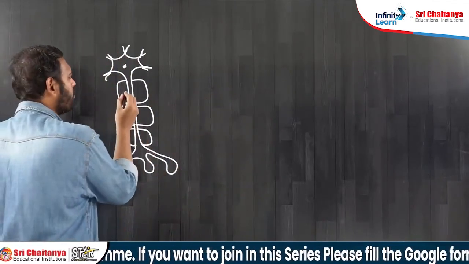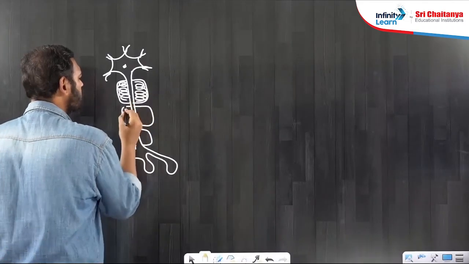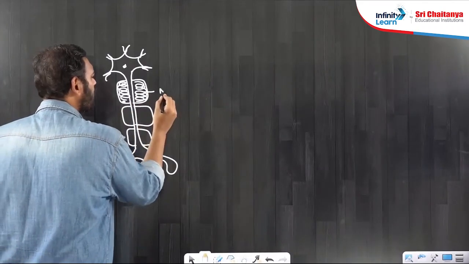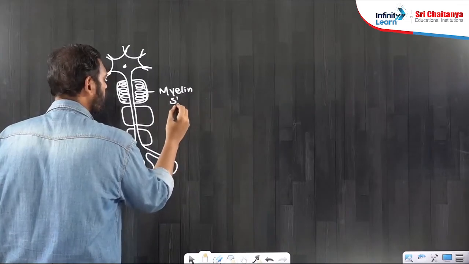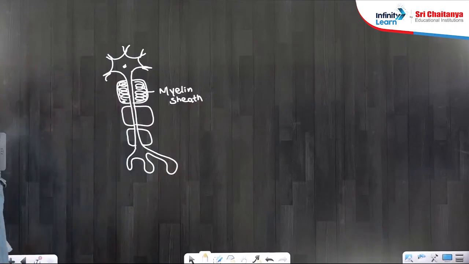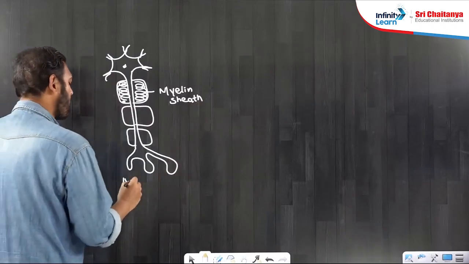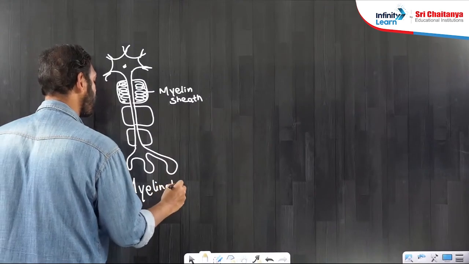This fatty rich layer was referred to as myelin. As it looks like a shield, we refer to that as myelin sheath. Neurons with myelin sheath were myelinated neurons. Their conduction is very fast.